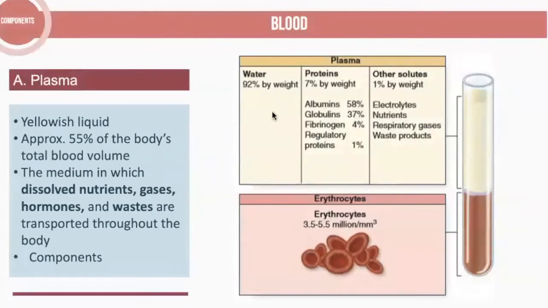The components of the plasma include, well, the majority is water, approximately 92%. Next, we have proteins, such as albumins, globulins, fibrinogen, and regulatory proteins. For albumin, the main functions are osmotic balance, transport of lipids, and transport of hormones.